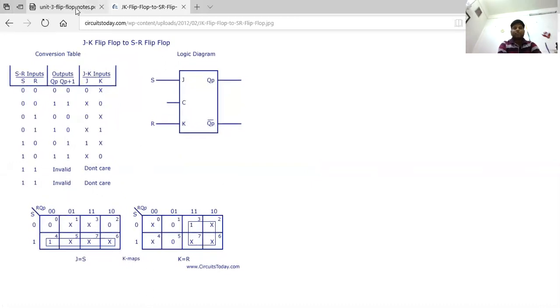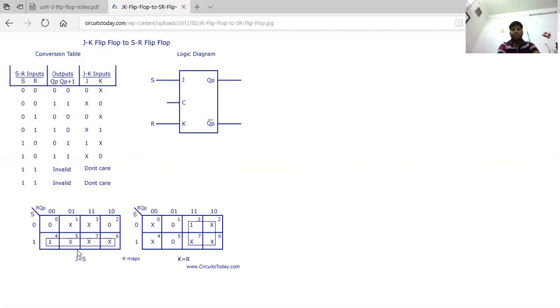Again we have to solve the K-map solution for the J solution and for the K solution. For the J solution, we solve with the input section S, R and QP. The present input is S, R and the J value for the next state output. So we fill the K-map and solve it with pair, quad, octet.